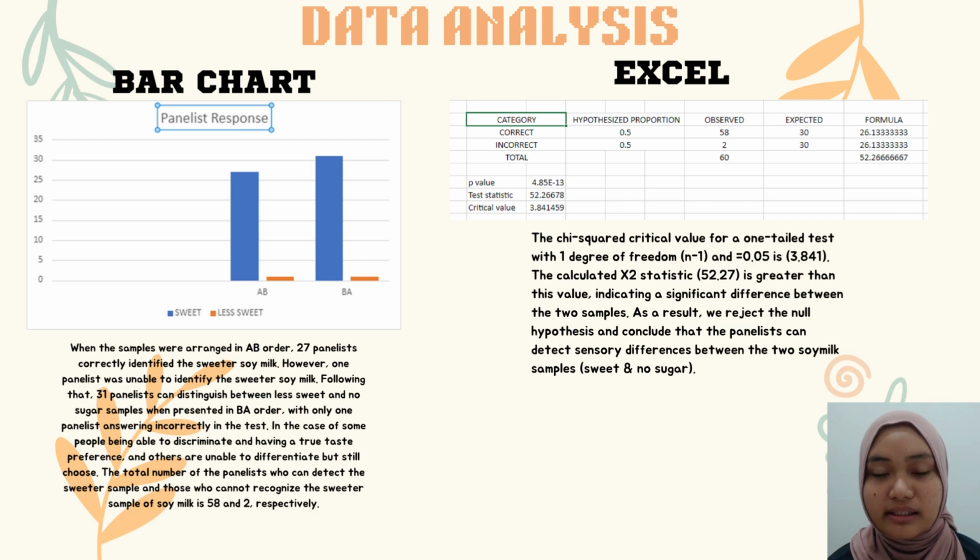The calculated chi-square statistic, which is 52.27, is greater than this value, indicating a significant difference between the two samples. As a result, we reject the null hypothesis and conclude that the panelists can detect sensory differences between the two soy milk samples, which are sweet and no sugar.